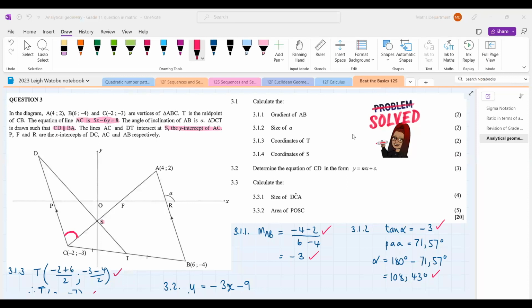What we're going to do is that they already told us that DC and AB are parallel, so we're going to use alternating angles. Good. And then we already have the angle theta. We can find the angle of AC because we already have the gradient, and then from there we use exterior angles to find the angle of A, and then alternating angles to find the angle of DCA. Exactly.